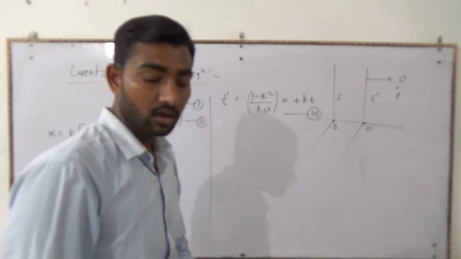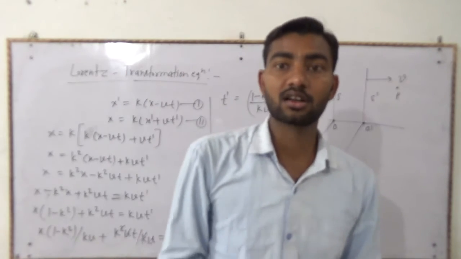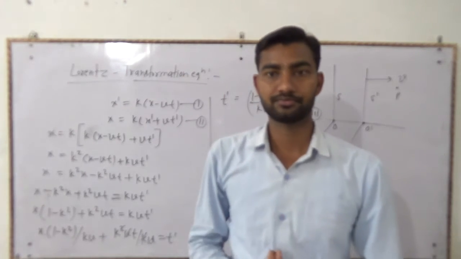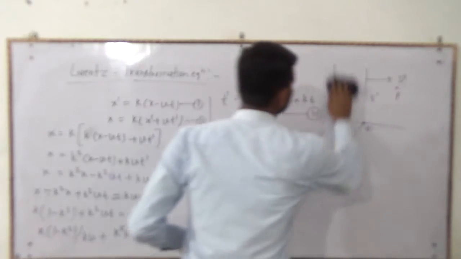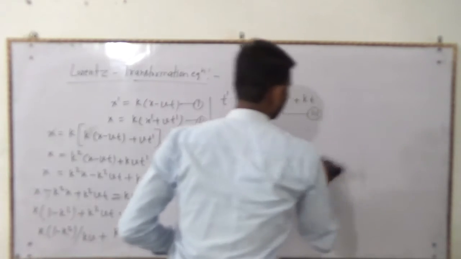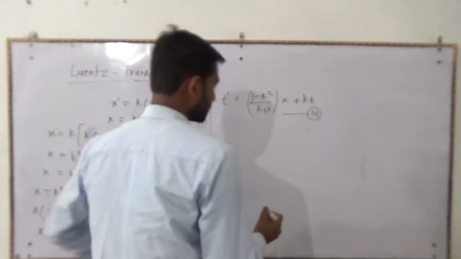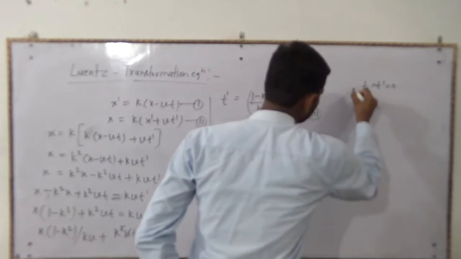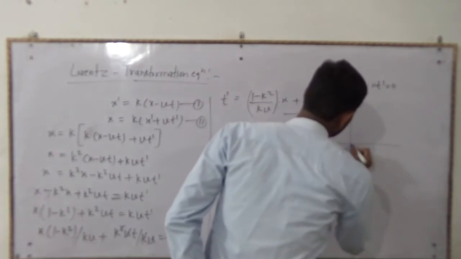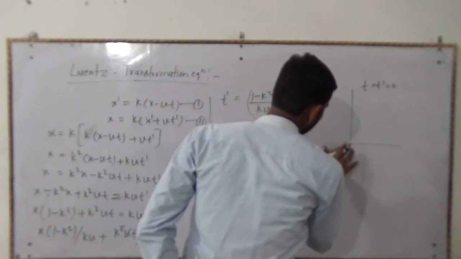The second postulate of special relativity is the constancy of the speed of light. Friends, here we are finding the value of k at time t is equal to t dash is equal to 0. Here we are considering two frames of reference.